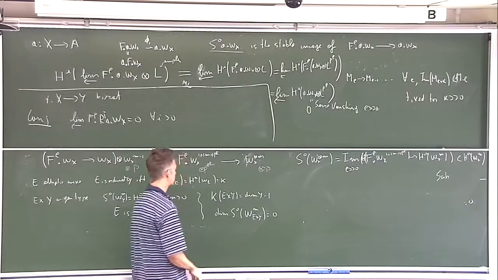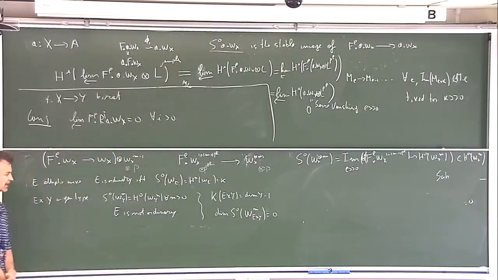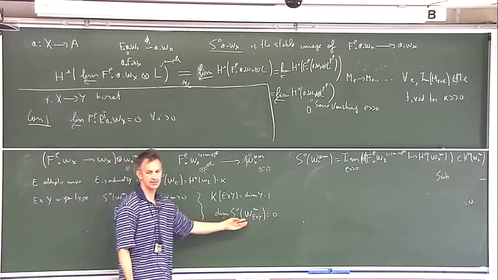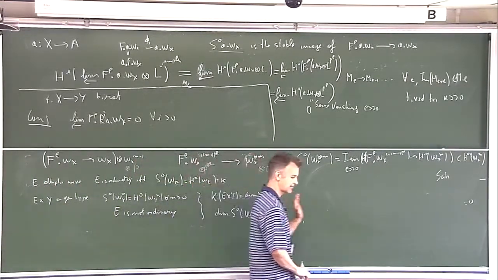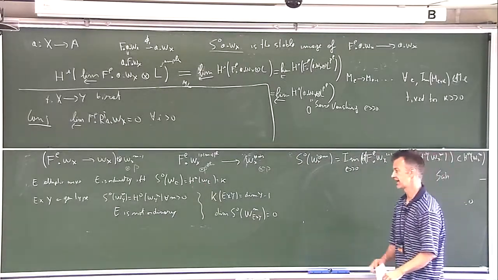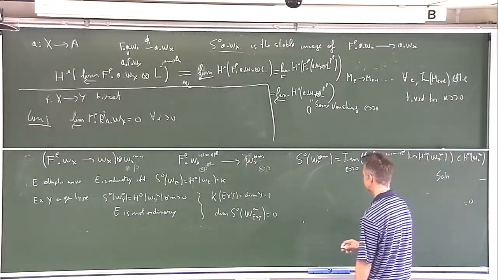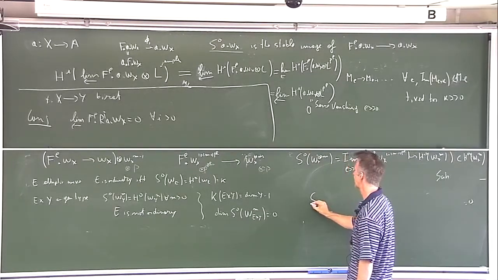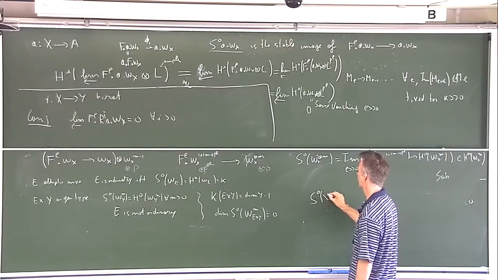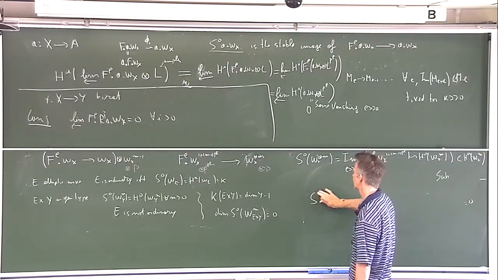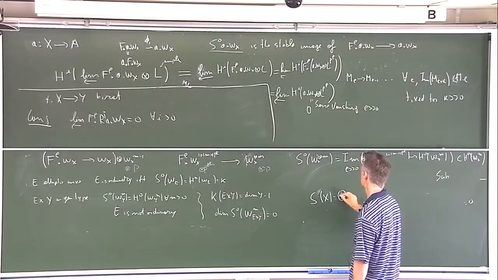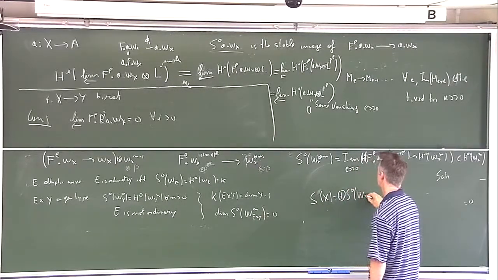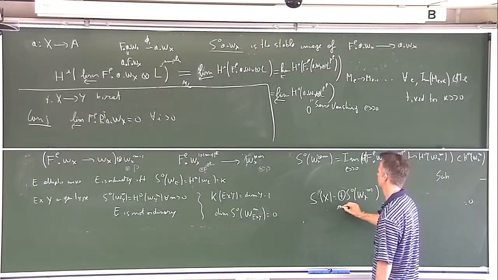Okay, so this is a little bit troubling behavior. It makes you think that most of the time you won't have any sections in here. It won't be interesting. So let me try and make the counter argument. Let me try and say why most of the time you should have interesting sections. So let me define the ring corresponding to this. Let's call it S of X, the direct sum of S0 omega X to the m, for m greater or equal to 0.